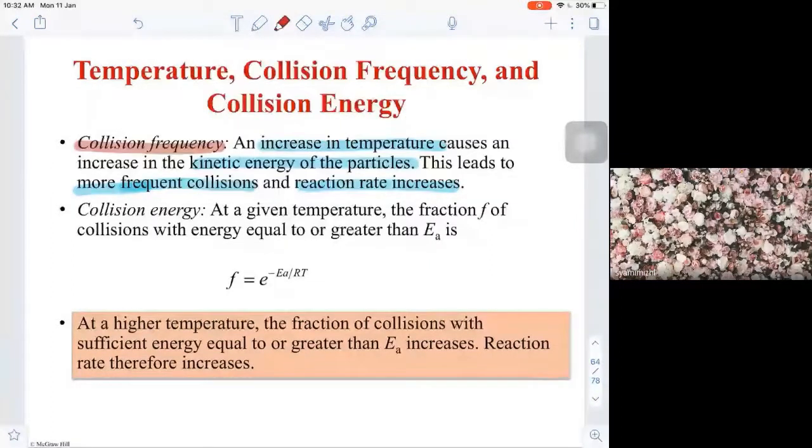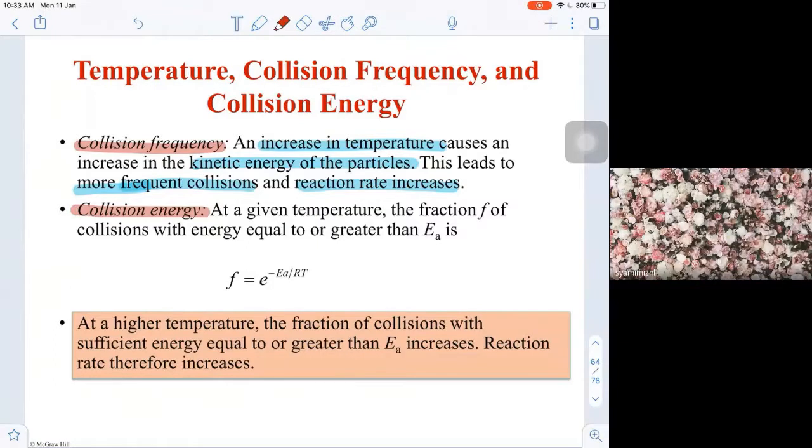The second effect of increasing temperature is on the energy of the collision. If you look at the textbook, page 725, collision frequency, it says that calculation shows that a 10 Kelvin rise in the temperature from 288 to 298 will increase the average molecular speed by 2%, which would lead to at most a 4% increase in the rate of a reaction.